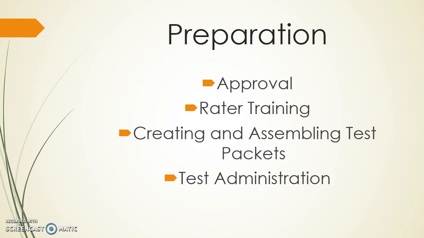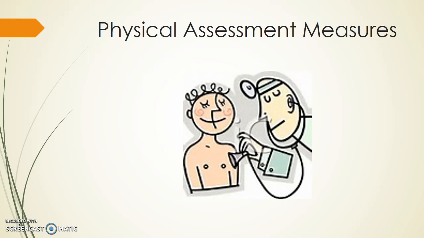The different types of testing are physical assessments, collection of biological specimens, and functional tests. We will be going over those. Physical assessment measures are a type of test administration. I feel that this is very easy for nurses to understand with regard to some of the things that we do day to day with our physical assessments with our patients.